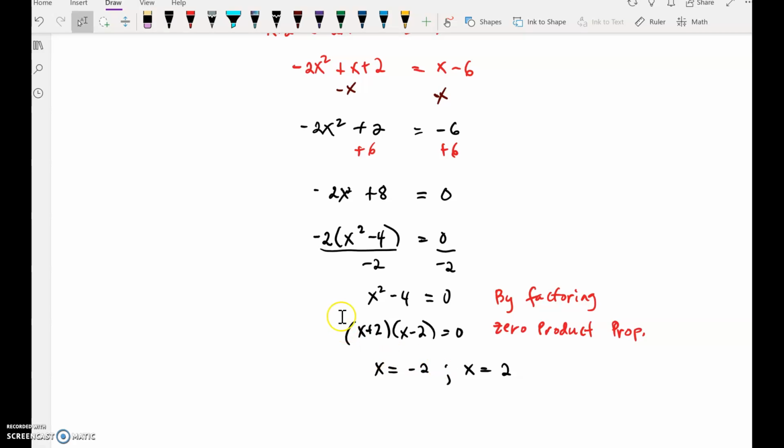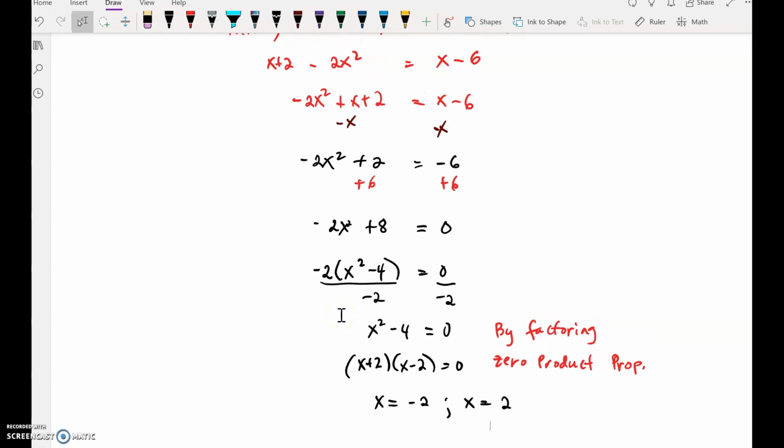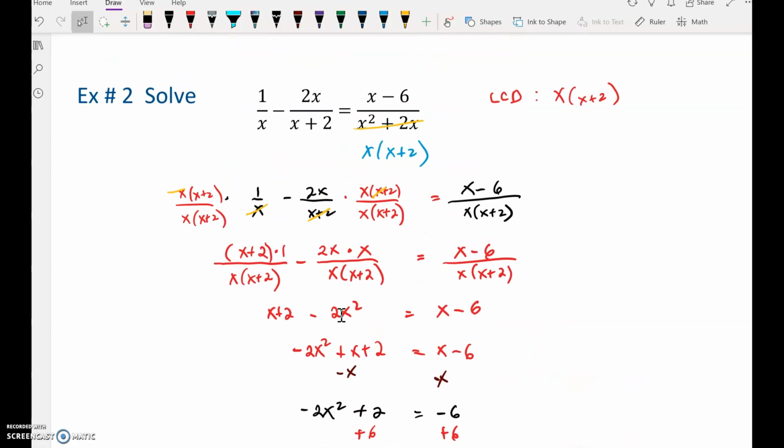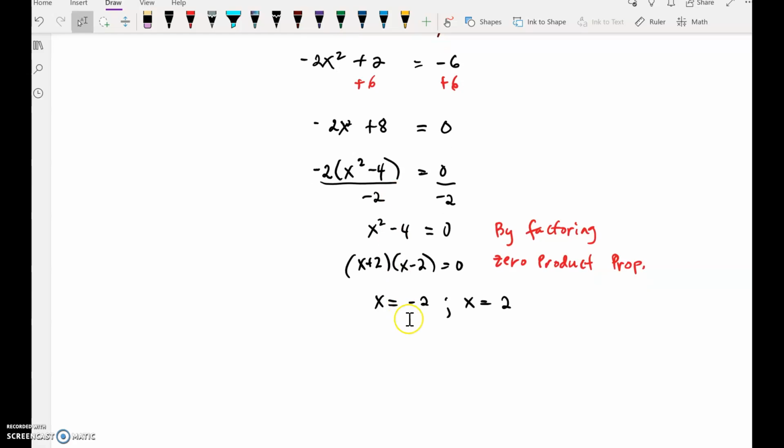And this is where I'm going to go back to my original question. What value will make this part not defined? That will be negative 2. And also on this one, if I use negative 2, that will be undefined. So one of the values is negative 2.